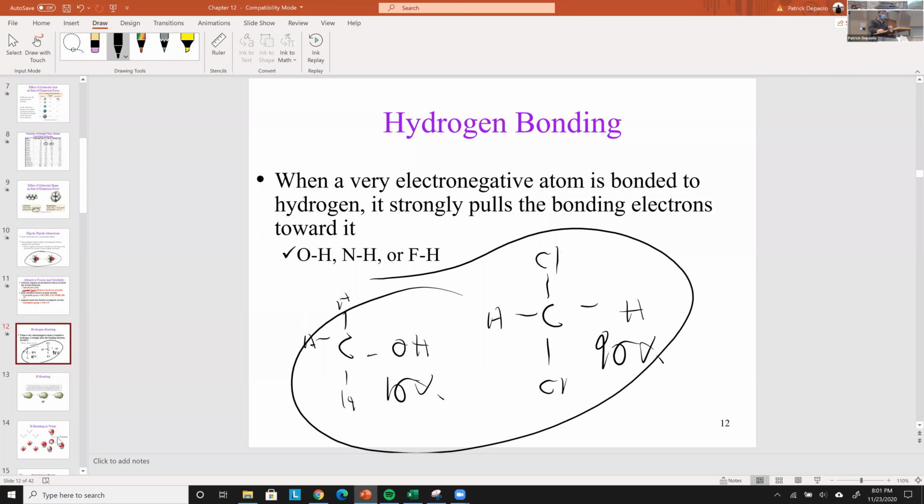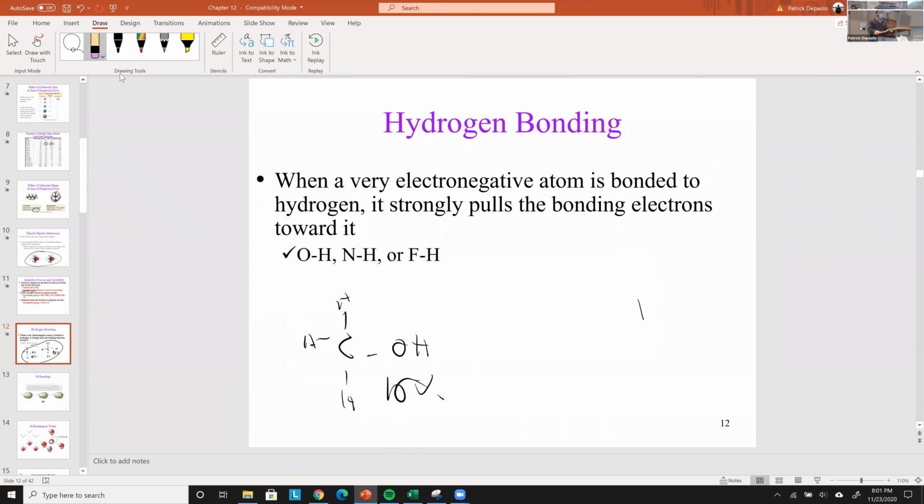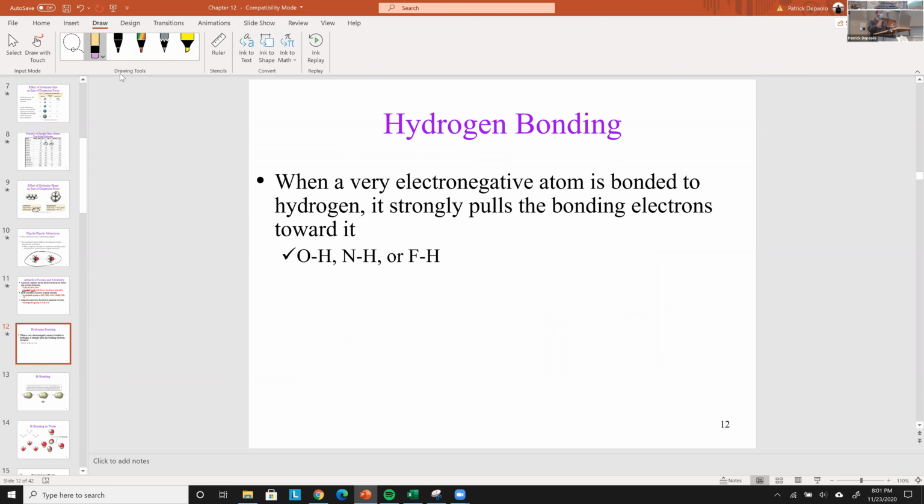Okay, so hydrogen bonding. I didn't even talk about this slide yet. Hydrogen bonding is a dipole-dipole, but it's the strongest one by far. It's a specific type of dipole-dipole that is stronger than the other ones. The reason it's strongest is that hydrogen is the nonmetal with the lowest electronegativity, only 2.1, and it's also very small.